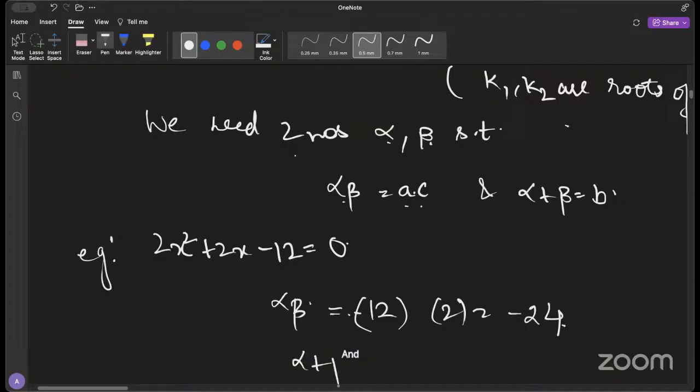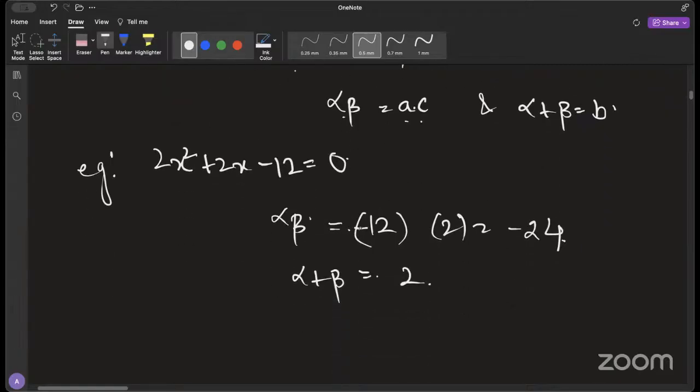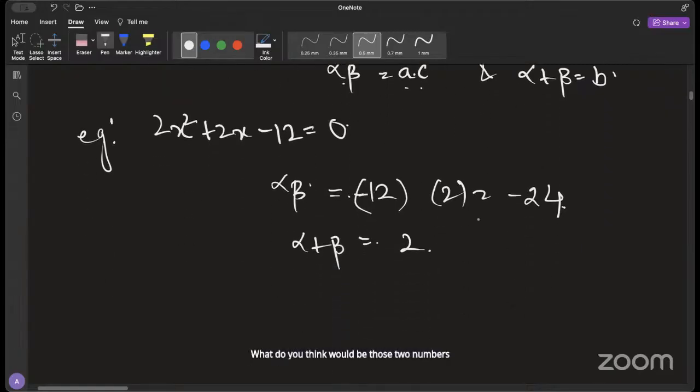And their sum should be equal to 2. What do you think would be those two numbers whose sum is 2 and their product is minus 24?